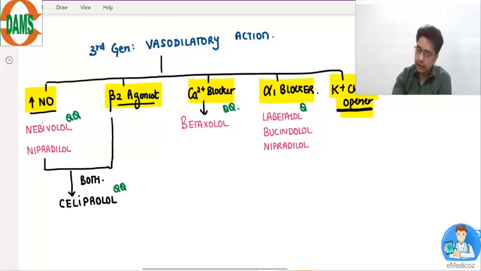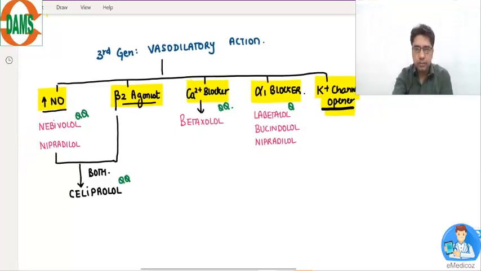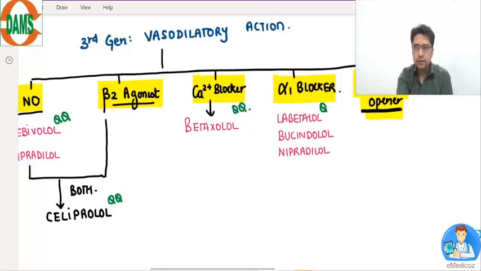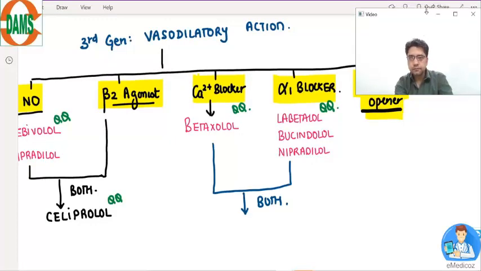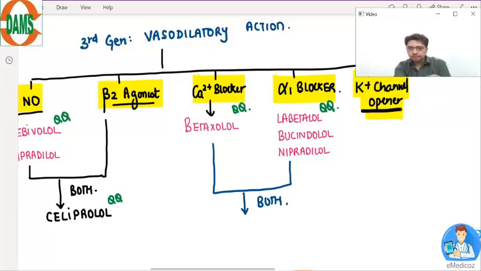Here you will write there are certain drugs which have both actions.